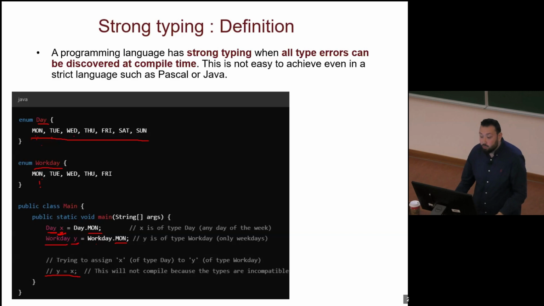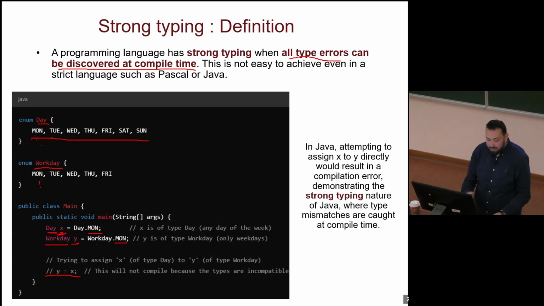A programming language has strong typing, as we said. What do we mean by strong typing? When all type errors can be discovered at compile time. So that is the goal of strong typing. In this case, as we said, Java is an example of strong typing. Now, as usual, life is not perfect. Technically, it's going to be super, super hard to actually figure out all the errors at compile time.